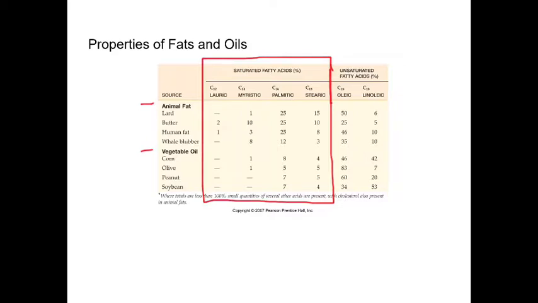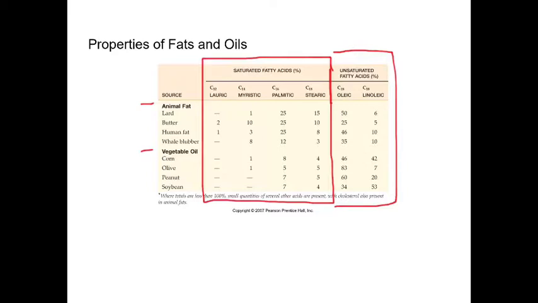So when we look here, notice that we have saturated fatty acids, and it shows you what percentage of each of these different fatty acids each source contains. Across the top you see a 12 carbon fatty acid, a 14 carbon, a 16 carbon, and an 18 carbon. And then out here to the far right shows unsaturated fatty acids. These are going to be cis fatty acids because they're natural.